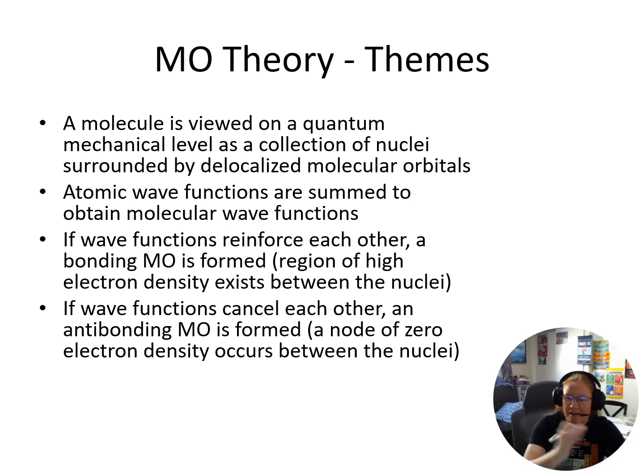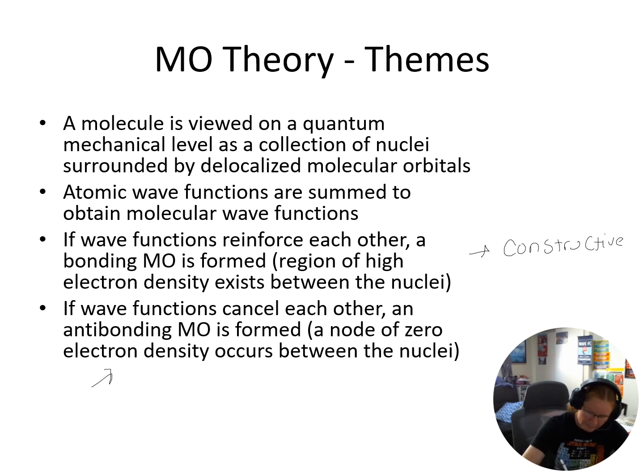And so we get wave functions for our atoms that we sum to get these molecular wave functions. If we get constructive interference, we get bonding. If we get destructive interference, we get antibonding. So this is constructive, and then this one is going to be destructive.